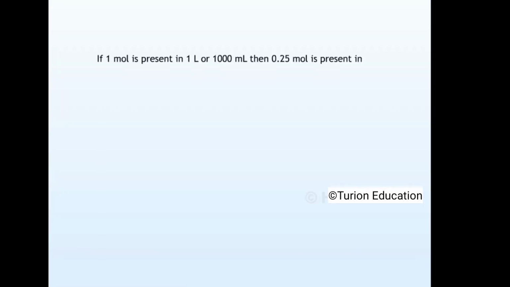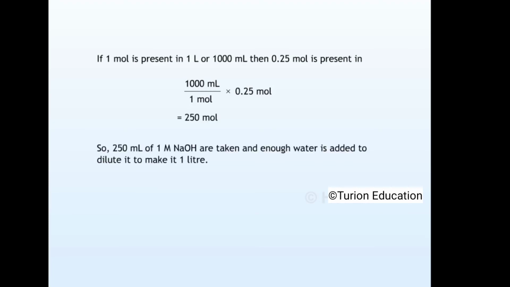If 1 mole is present in 1 liter or 1000 milliliters, then 0.25 mole is present in 1000 ml by 1 mole into 0.25 mole equals 250 ml. So 250 ml of 1 molar NaOH is taken and enough water is added to dilute it to make it 1 liter. For such calculations, a general formula M1 V1 equals M2 V2 is used.